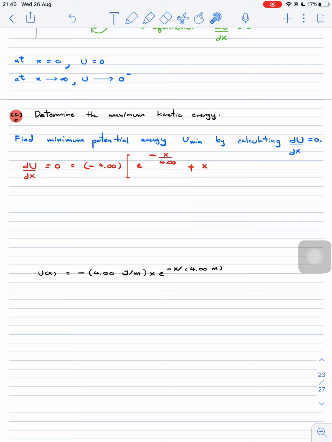Then let's find the derivative of the exponential function. It's just equal to the exponential function, times the derivative of its argument, which is minus 1 over 4.00.